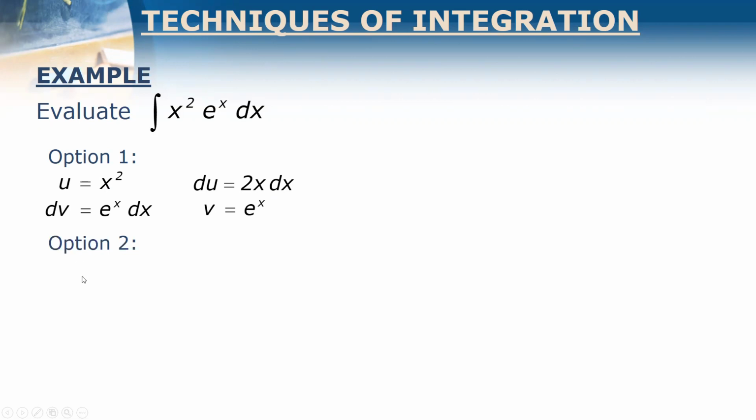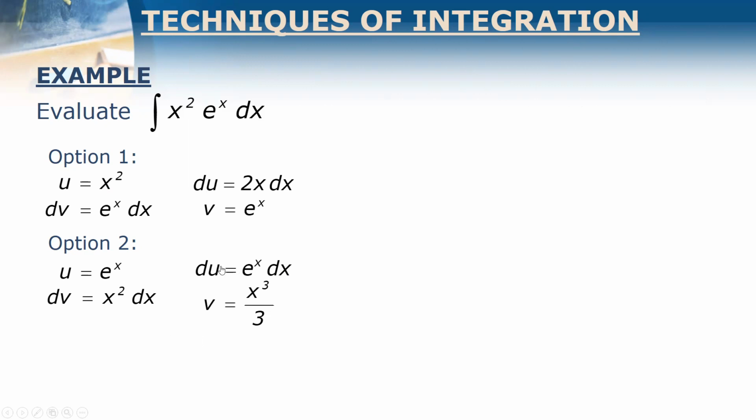Option 2, our u would be e to the x and then dv would be x squared dx. So differentiate u, e to the x dx, and then integrate dv, it will result to x cubed over 3. And again, examine the second term sa integration by parts, integral of v du.